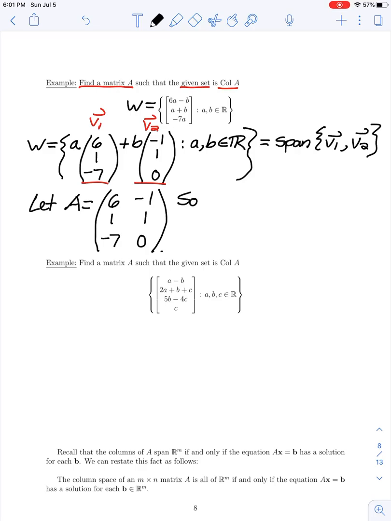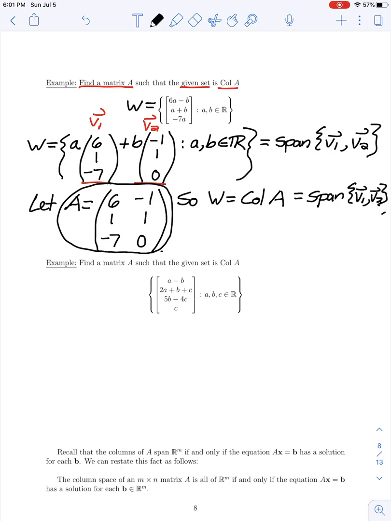In this case, W is equal to the column space of A, because the column space is by definition the span of the vectors which form the columns of that matrix A. So here, A would be the matrix which we've found here.